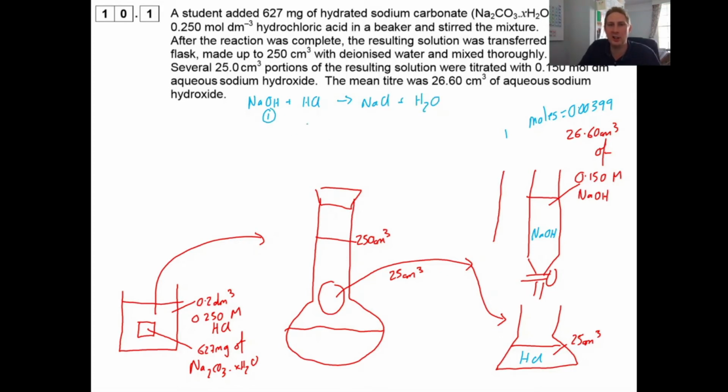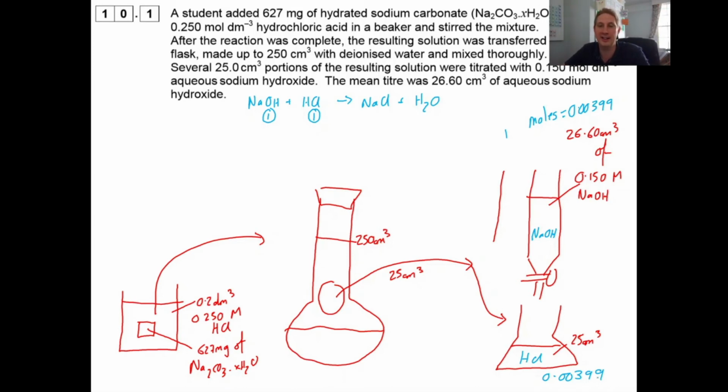For a question like this, you'll only be asked about common acids and alkalis, so that you don't have to waste time generating the equation. So that means the number of moles of hydrochloric acid down here must also be 0.00399.